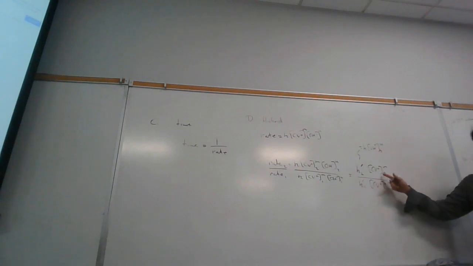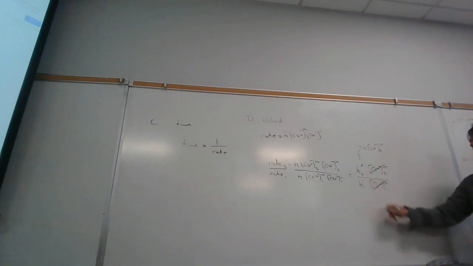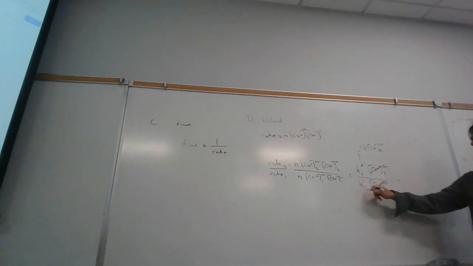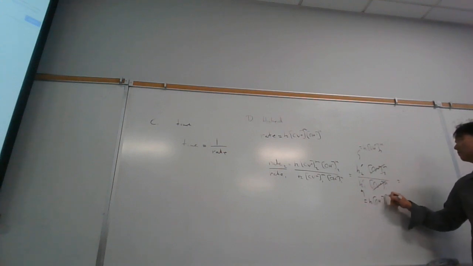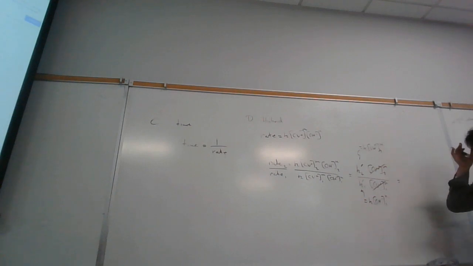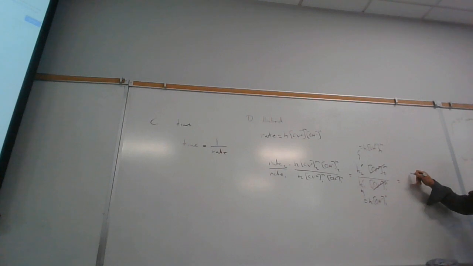We started off with the same amount of crystal violet in both, so this is the same. And K prime 1 is going to equal K times the hydroxide concentration in run 1 to the N.